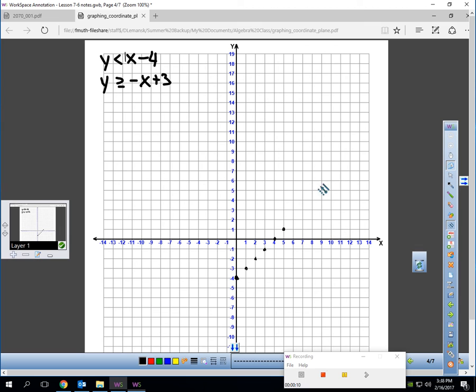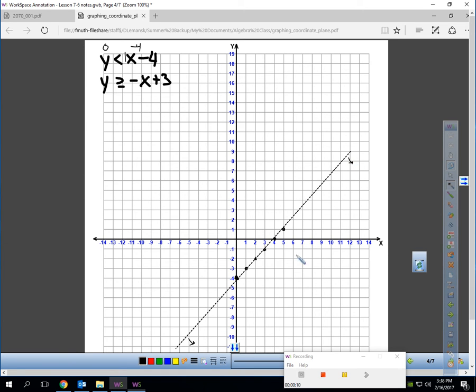Now let's think about my shading. If I plug a 0 in here and a 0 in here, I get -4. Is this true? Is 0 less than -4? Not on the number line, it's not. 0's bigger, so that's false. So I'm going to make a little note for myself. I ought to be shading this direction for my dotted line, below it.